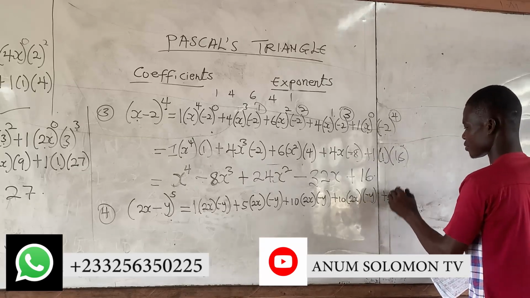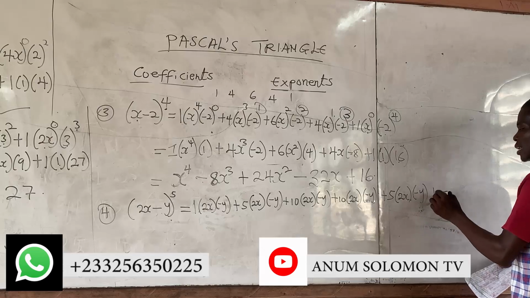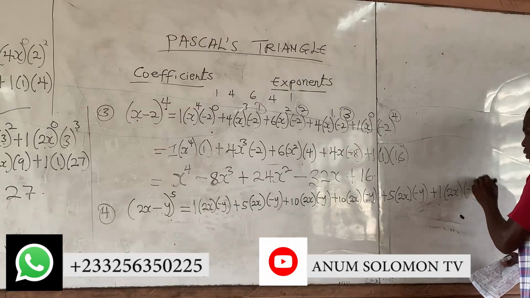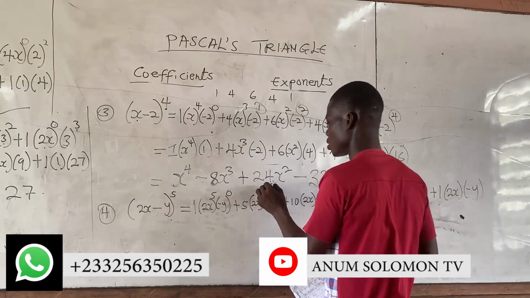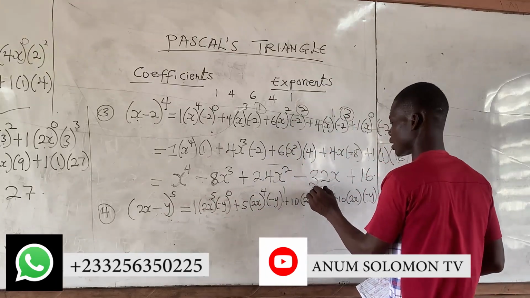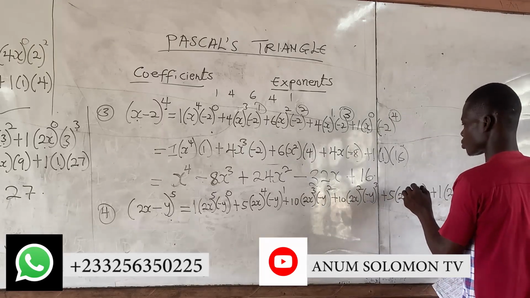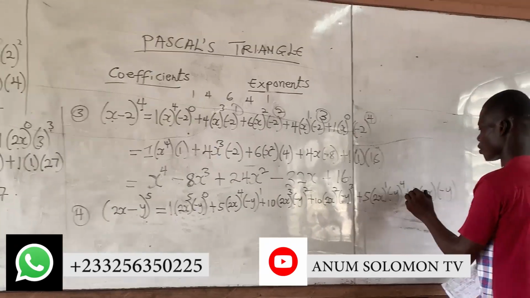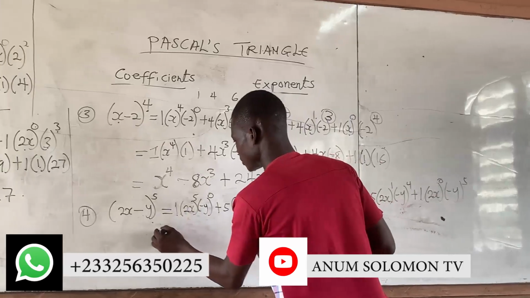We have 5, with 2x, negative y. And the last one is 1, with 2x, negative y. So on this route, let's include the powers: 5, 0; 4, 1; 3, 2; 2, 3; 1, 4; 0, 5.